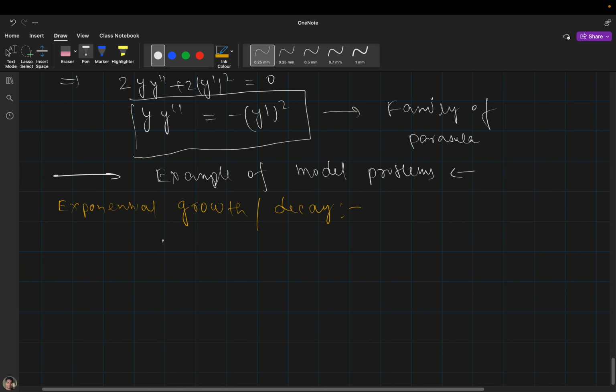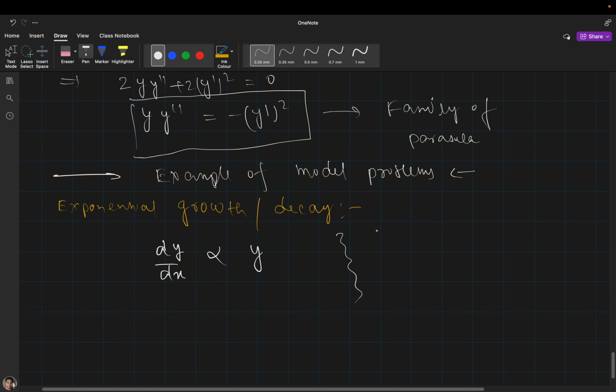Suppose you have an equation like this, dy by dx is directly proportional to y, which means suppose you have some radioactive element and the rate of disintegration of that radioactive element is directly proportional to the amount of radioactive element available, that model is called the exponential growth and decay problem.